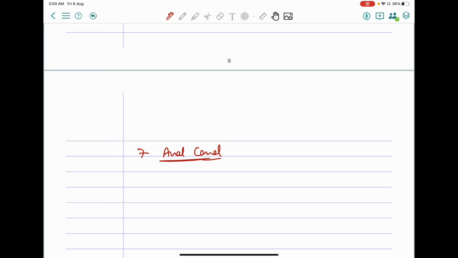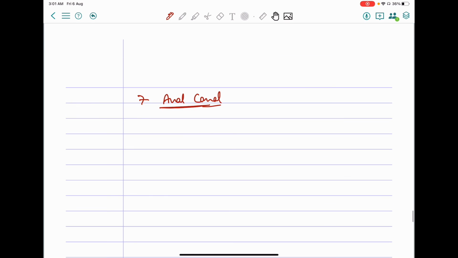In the anal canal, only the part below the dentate line, which we can also call the pectinate line, is made up of stratified squamous epithelium.